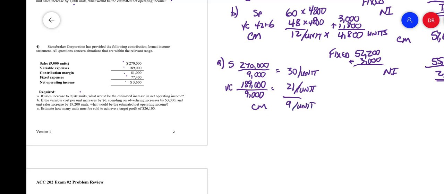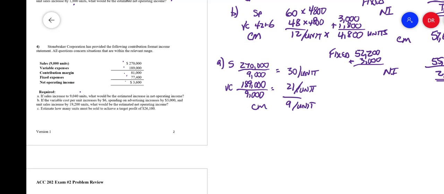Okay, so what they want us to do is figure out what happens if we increase these sales. What's the difference? They're not asking us what the net income is. What's the estimated increase?